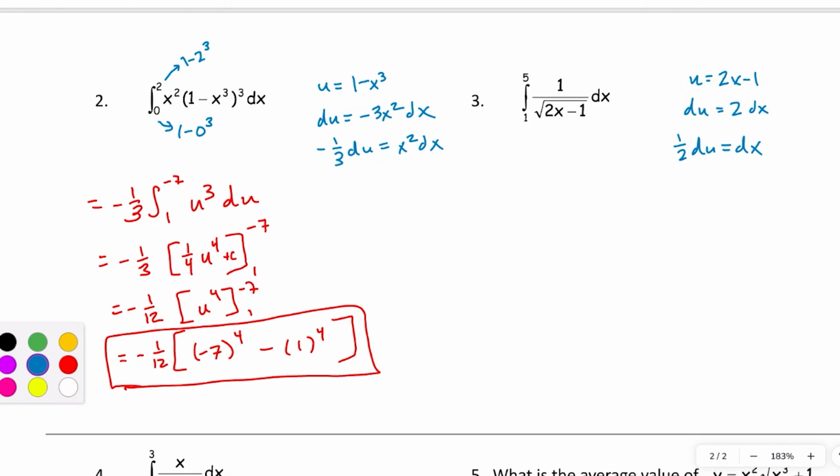I also need to convert the boundaries. So 5 becomes 2 times 5 minus 1, and 1 becomes 2 times 1 minus 1. The new upper bound is 9, and the new lower bound is 1.